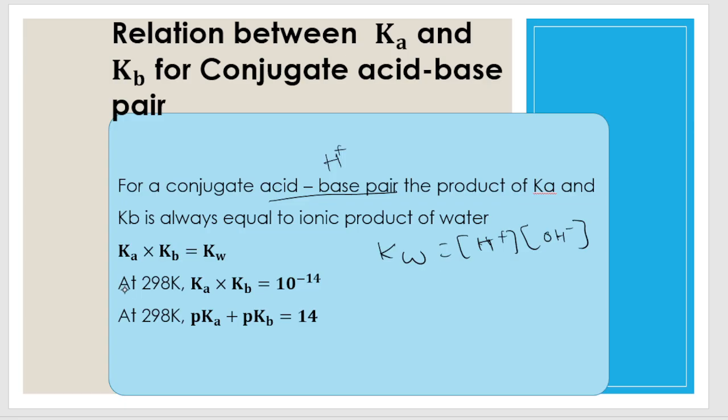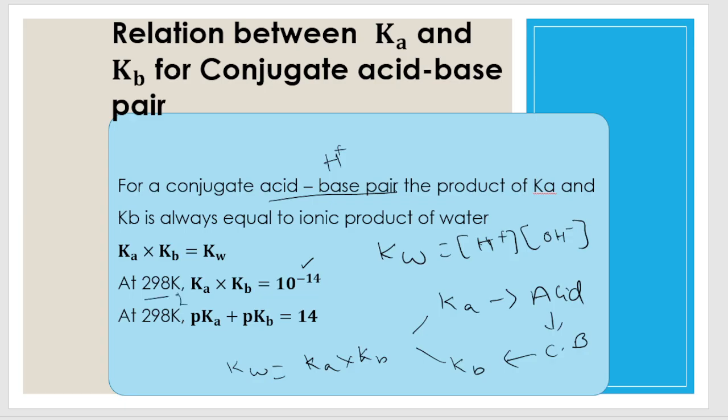If Ka is the dissociation constant for an acid, and we take the conjugate base of it, and if Kb is the dissociation constant of that conjugate base, then the product of Ka and Kb will be equal to Kw, which is nothing but 10 to the power of minus 14 at 25 degrees centigrade or 298 Kelvin.